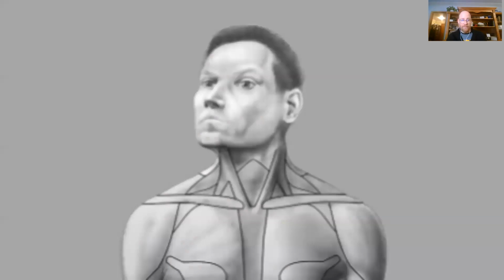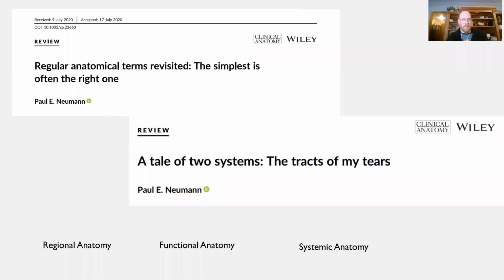This guy, he looks, I don't know how to describe him, but let's learn some anatomical terms and directions. All right. So obviously, guys, there are different ways to describe anatomy, believe it or not. The way that the vast majority of us in our medical training learned anatomy was regional anatomy.